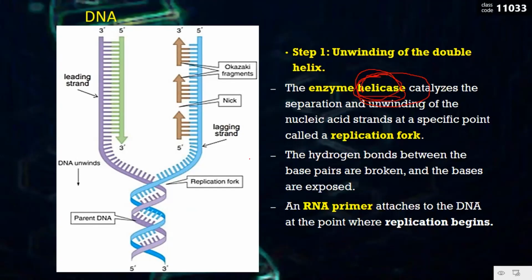So that unwinding starts on a point, we call that the replication fork. So this portion is the replication fork, where the unwinding of the double helix starts. Okay? So that unwinding exposes our two strands of DNA.